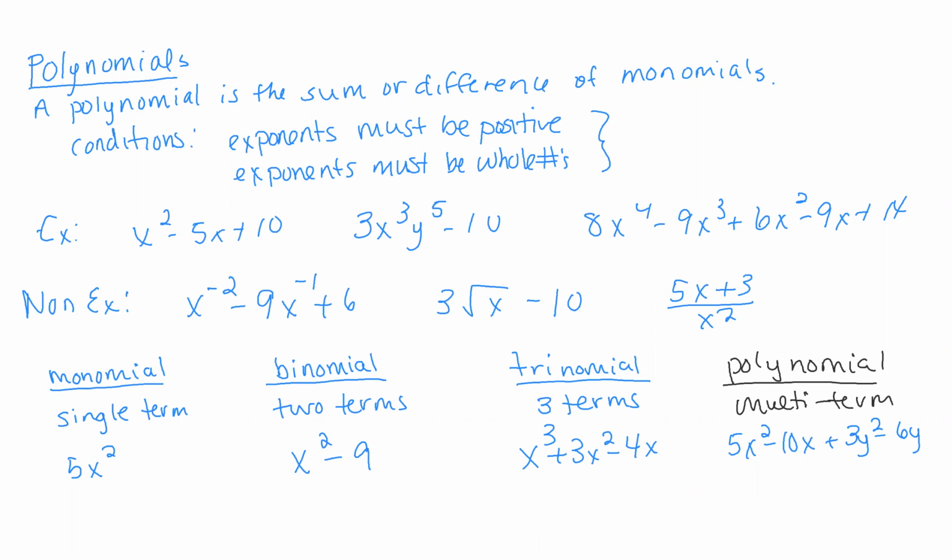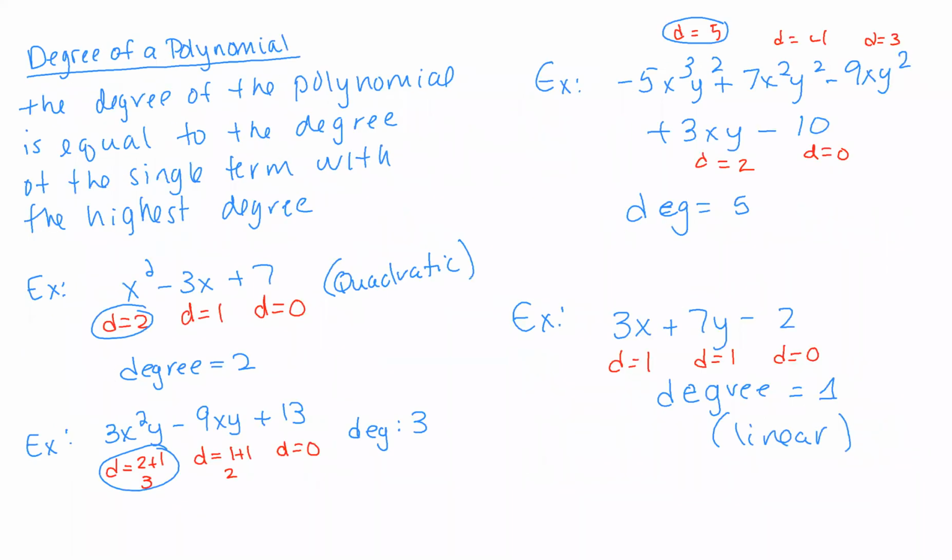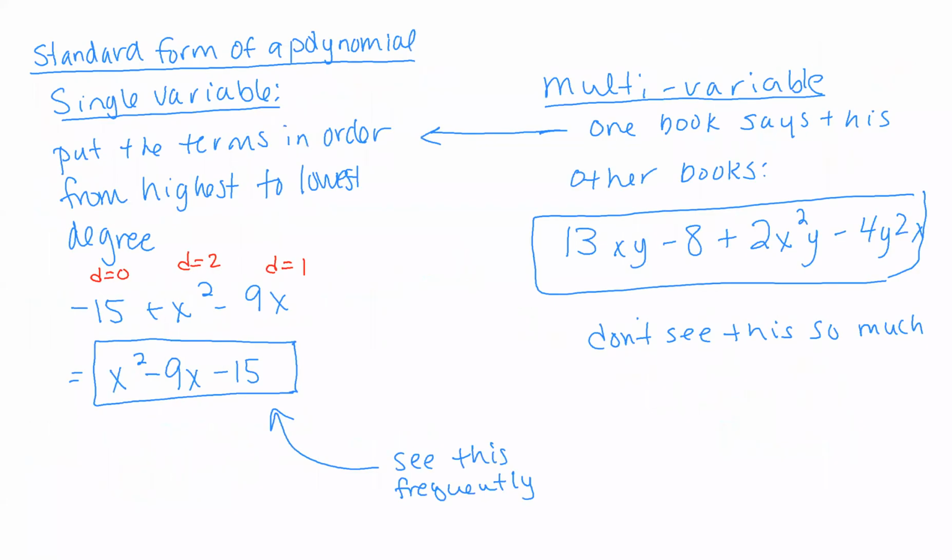We talked about a monomial, a binomial, a trinomial. We looked at the degree of a polynomial. Remember, when you look at the degree of a polynomial, you find the degree of the individual terms, and then whichever one is the highest is going to be the degree for the whole polynomial. We talked about standard form. Again, standard form isn't something you have to go too deep in because it can get a little bit dicey if you have multiple variables.